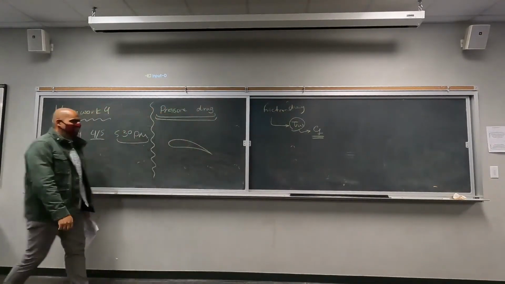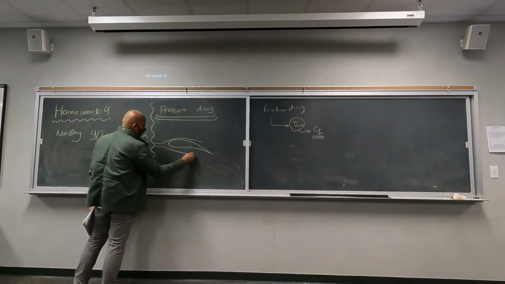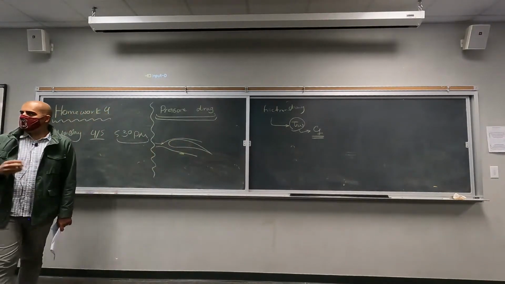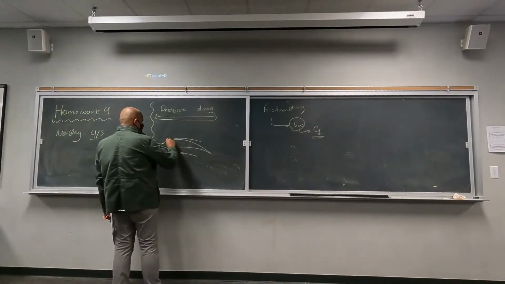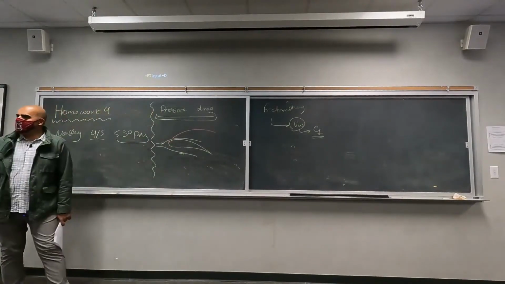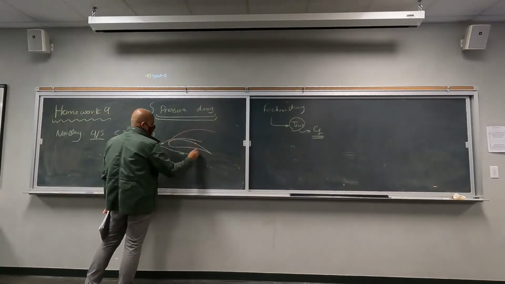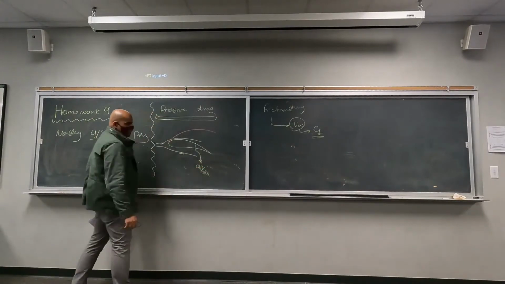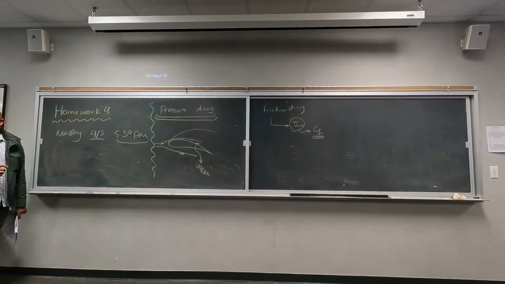The idea is when you have flow on an airfoil, because of the friction, because of the viscosity, because of the importance of viscosity, you will get the presence of boundary layers. At some point inside this boundary layer, your pressure gradient, dP/dx, is going to push the flow in this direction, opposite to the flow direction.